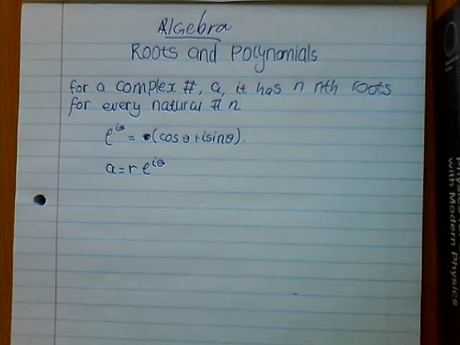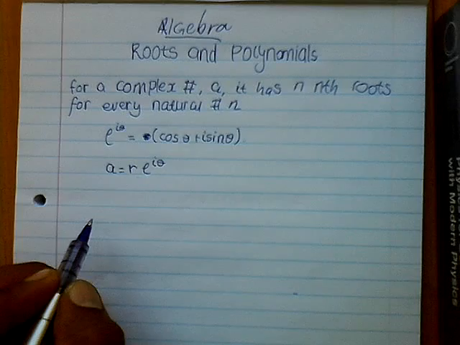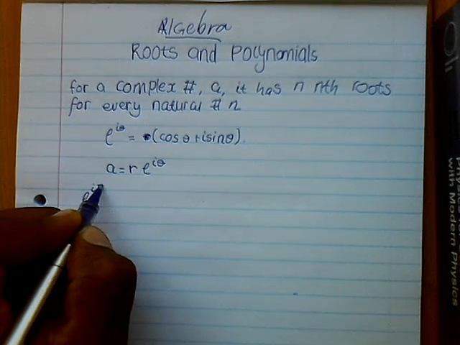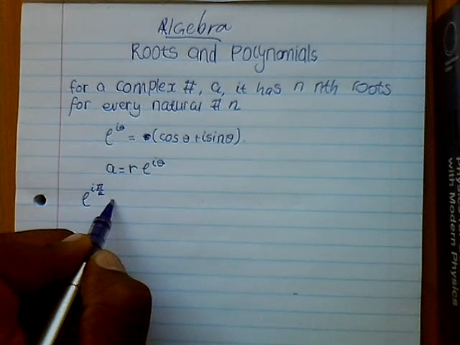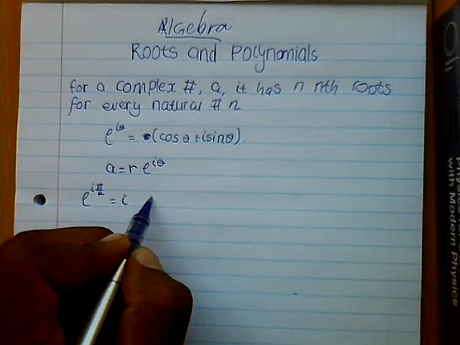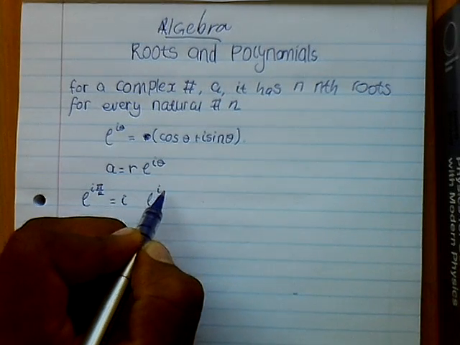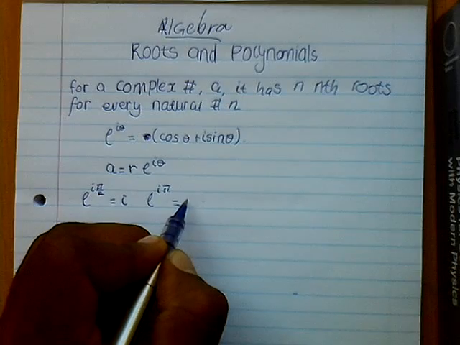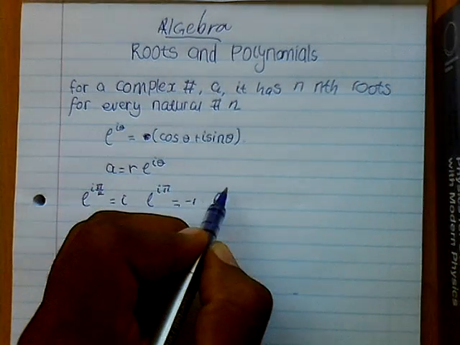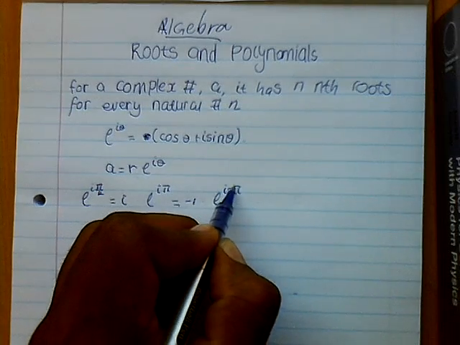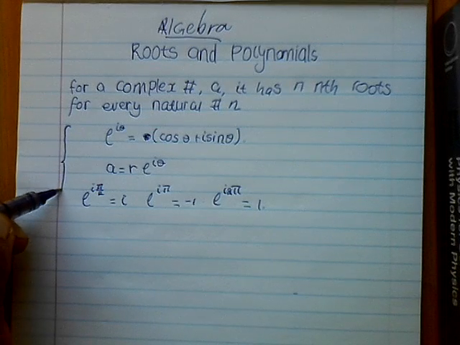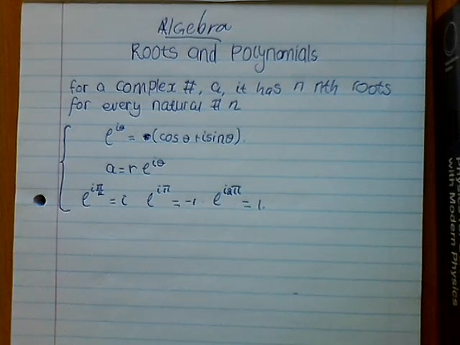Now what we did again was that e to the power of i pi over 2 is equal to i, e to the power of i pi is equal to minus 1, and e to the power of i 2 pi is equal to 1. All this was covered in Euler's formula.